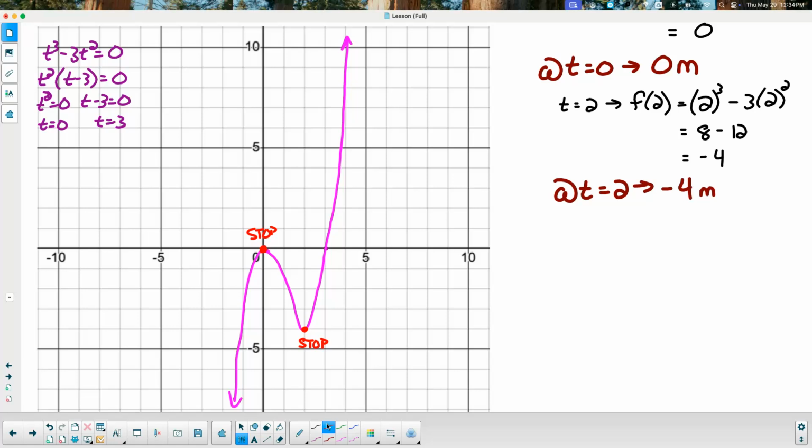Okay? We call those critical points. Those are changes in direction of the graph. So those are the 2 stoppage points. This first one would be that one, and this one would be that one. That's how we can find those. Okay?